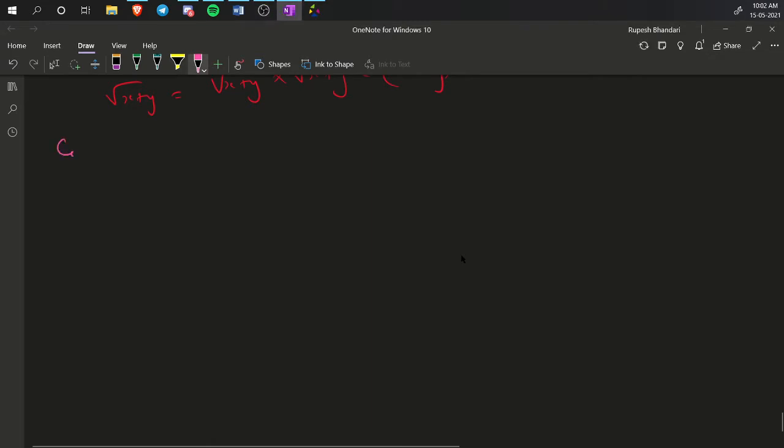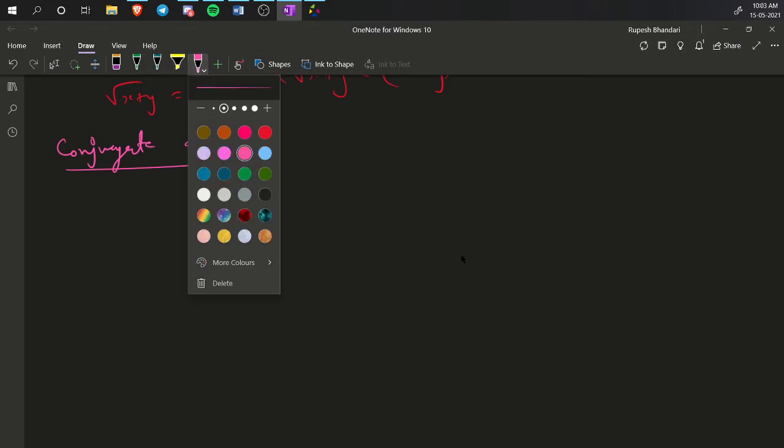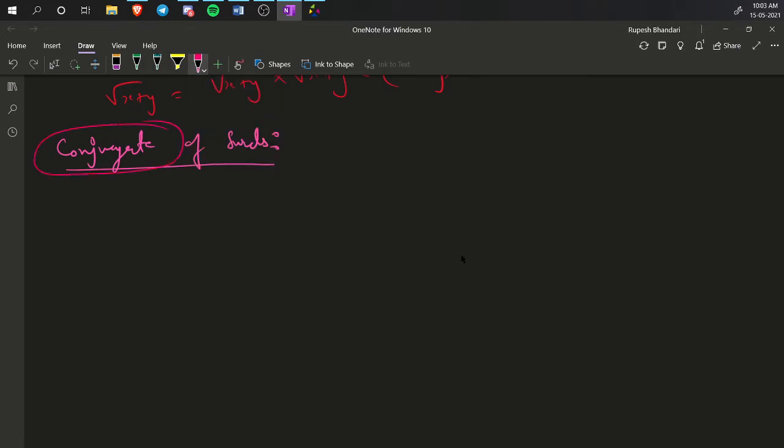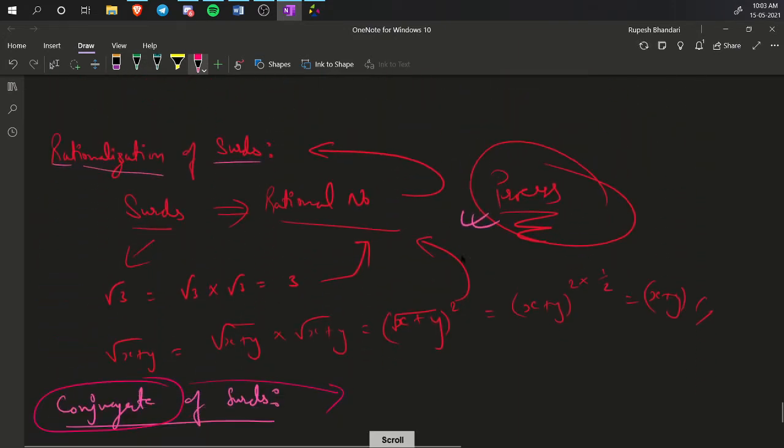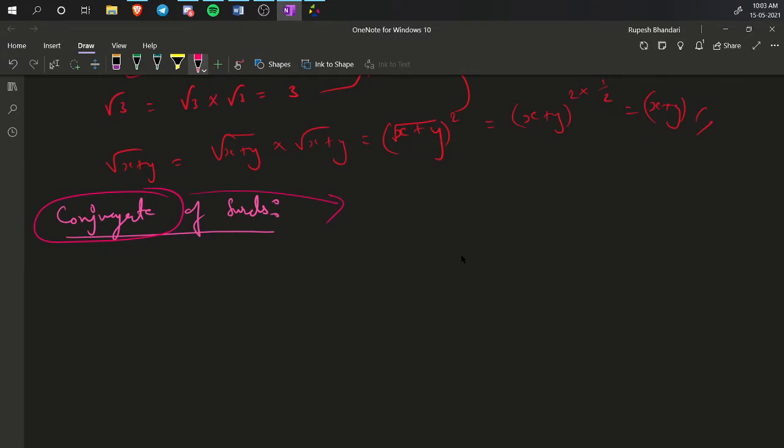So conjugate of surds is nothing else, it's very simple. It's nothing else but the factor that you use to convert it.